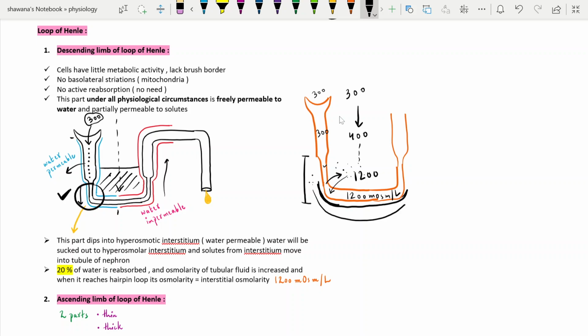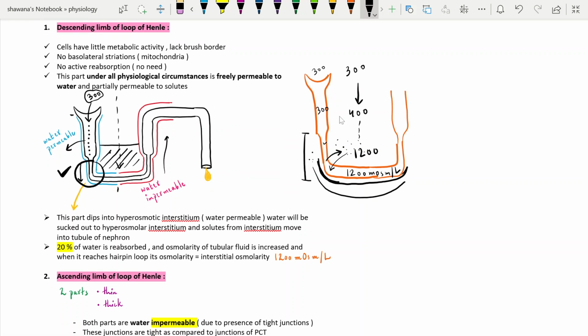It is balanced by the interstitium. These two fluids, the tubular fluid and the interstitial fluid, equilibrate each other right here, so the concentration becomes equal to the interstitial osmolarity, which is 1200 milliosmol per liter.